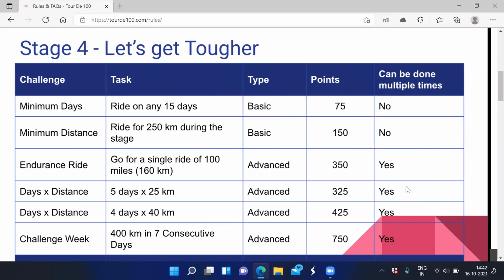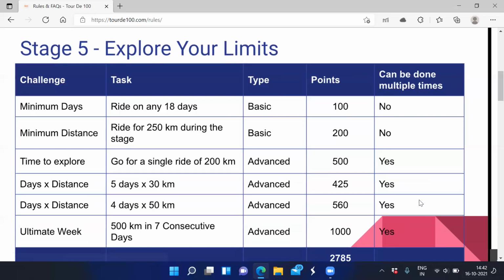To complete this part of the challenge, you have to do it this way. But if you change your mind and don't want to complete all the challenges and just focus on these, you can do 40 kilometers per day and you are good to go. And for stage 5, 50 kilometers a day and you are good to go.